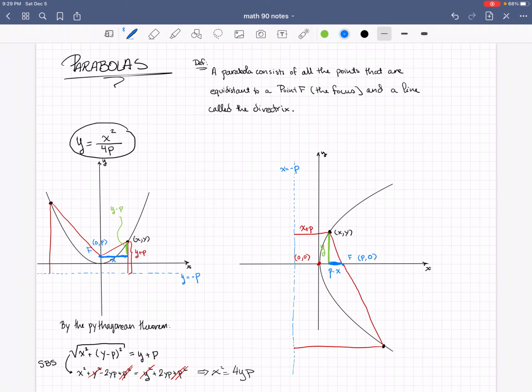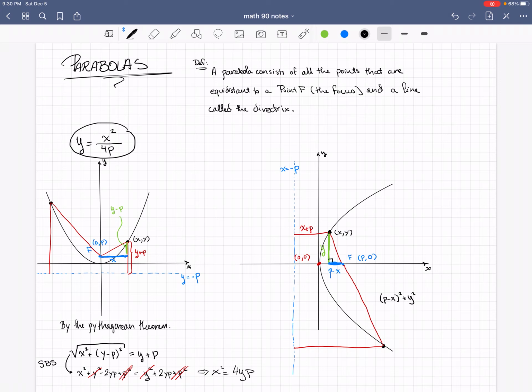The Pythagorean Theorem comes in to save the day. You've got yourself a right triangle here, so the sum of the squares of these two sides is the square of this side. So the red length squared is (p minus x) squared plus y squared.